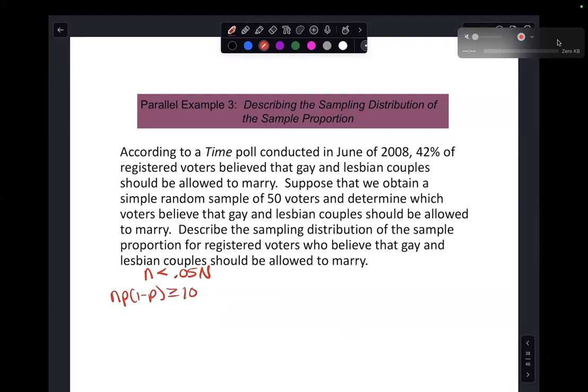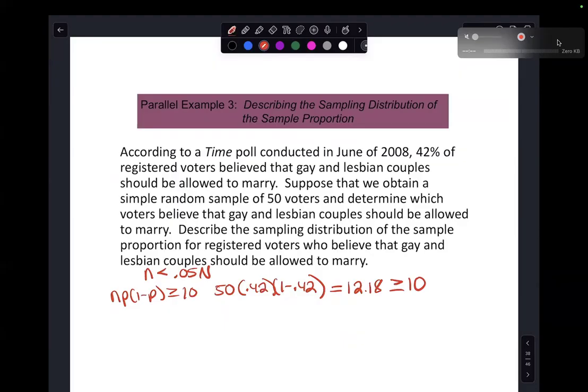Let's check it out. 50 times 0.42 times 1 minus 0.42. Let me grab my calculator. That equals 12.18, which is greater than or equal to 10. We're good. That means our sampling distribution is normal. We're doing good.